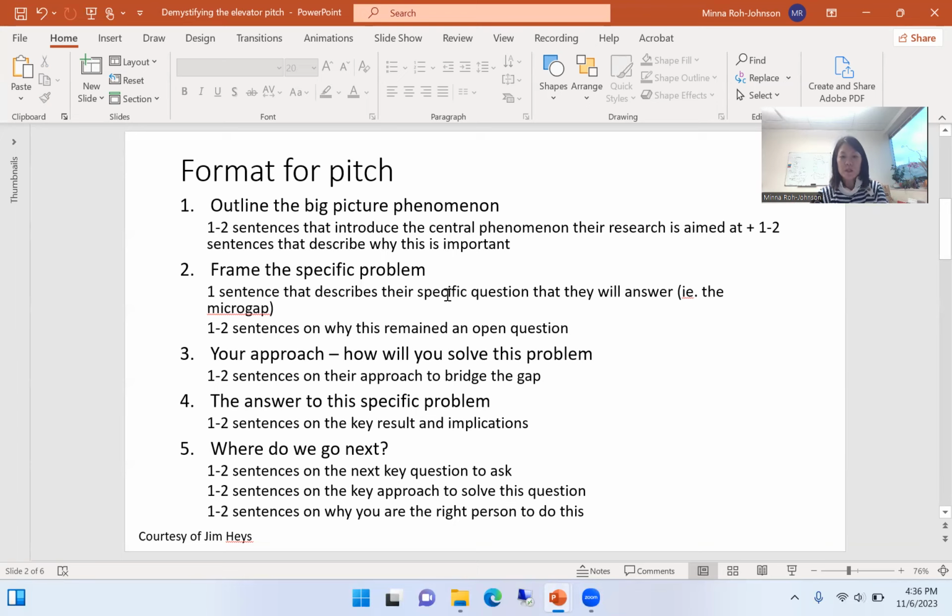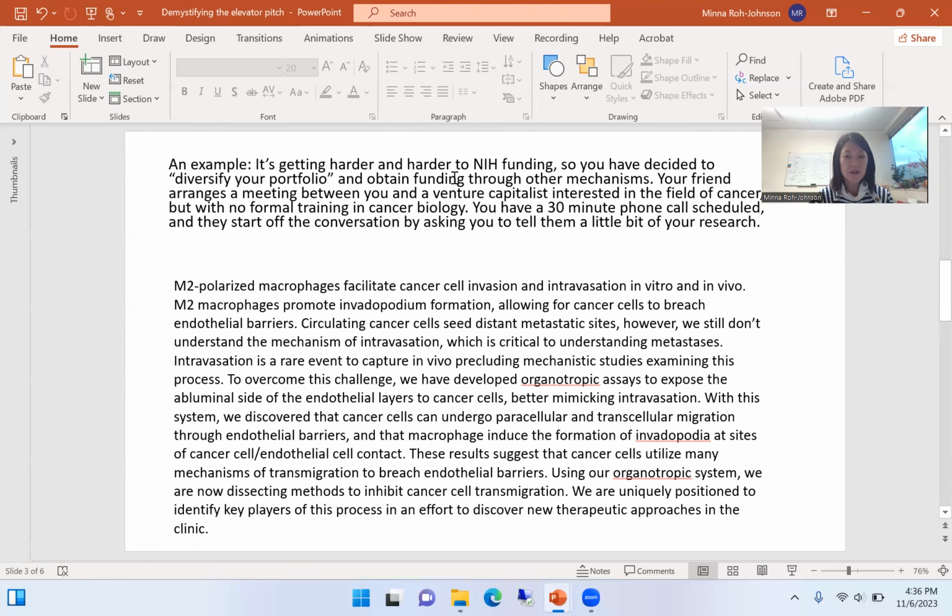So what I decided to do is give an example of an elevator pitch. I need to identify who my audience is before I deliver my pitch. Here is the lay of the land. It's getting harder and harder to get NIH funding, so you're now trying to identify other mechanisms of funding to help support your research ideas.